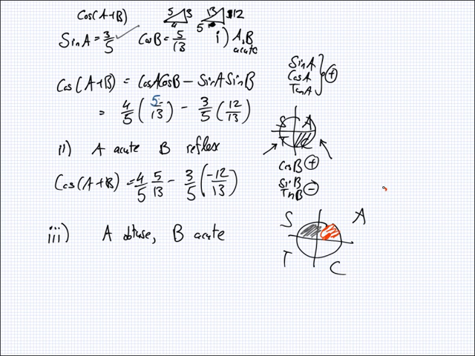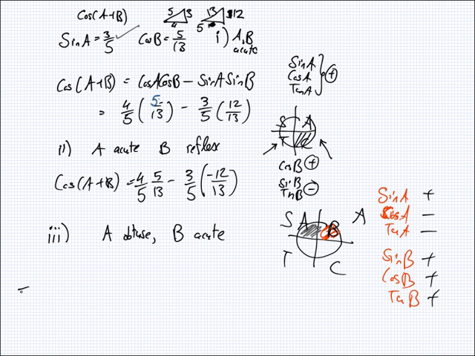So that means sine A, cos A, tan A, sine B, cos B, tan B. Let's figure out if they're positive or negative. Here's A and here's B. Sine A, positive. Cos A, negative. Tan A, negative. Then positive, positive, positive.